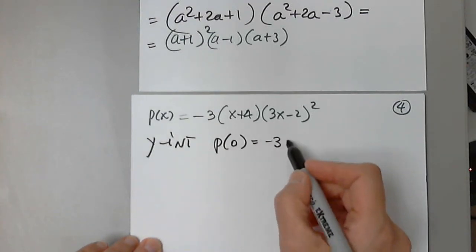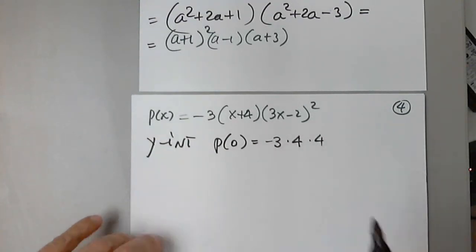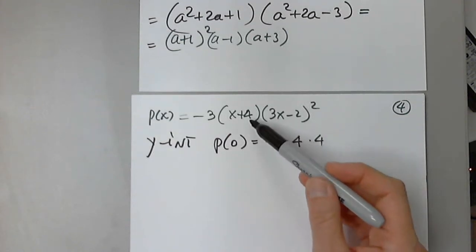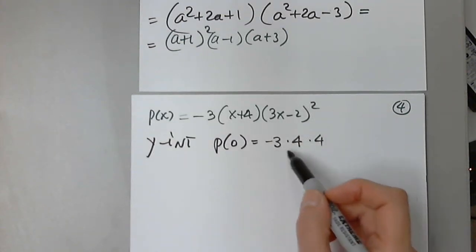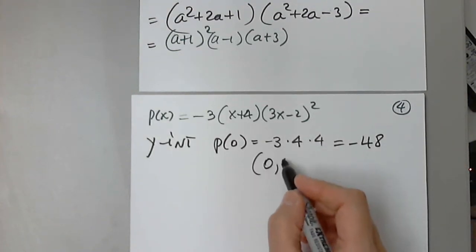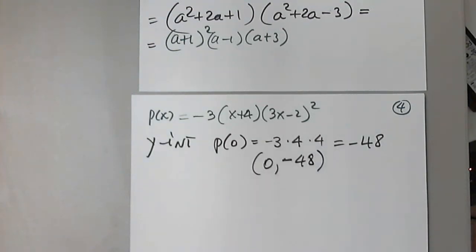So it's negative 3 times 4 times 4, right? So 0 minus 2 is negative 2, negative 2 squared is 4, and then 4, and then negative 3. So negative 12 times 4 is negative 48. So the ordered pair is (0, -48). Is that okay?